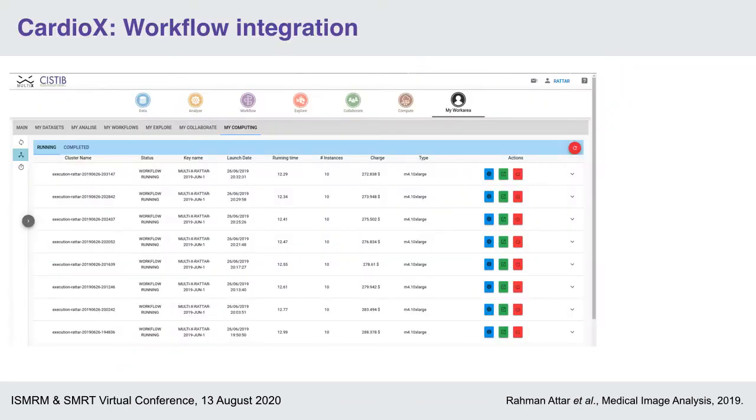So here's the snapshot of the pipeline integration. In the last report that they had, they processed about 32,600 subjects. Each subject contains 50 time frames. So in total, there are almost 2 million images being processed.